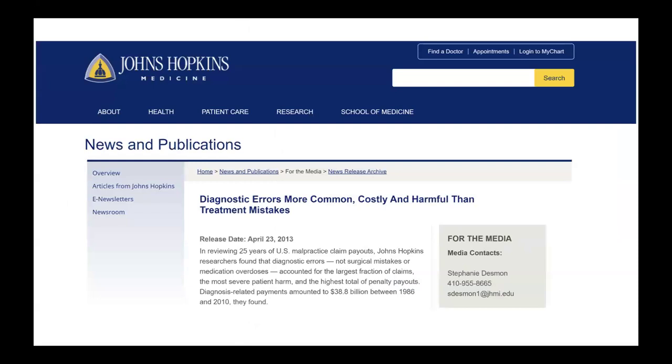They looked back 25 years and analyzed the medical malpractice lawsuits and found that the lawsuits that came from diagnostic errors were more common, more costly, more harmful, and tended to lead to far graver consequences for the patient than treatment errors, which was really something that they hadn't even imagined.